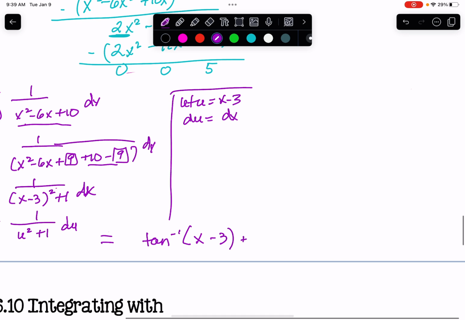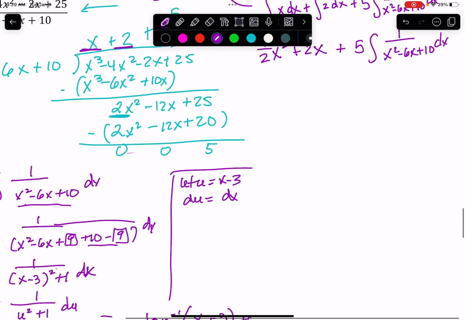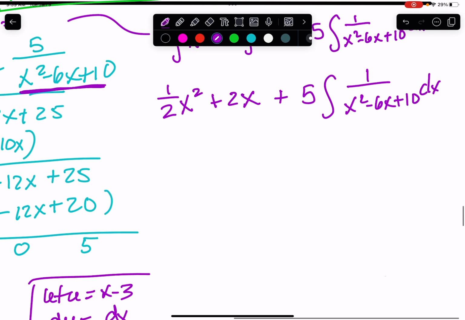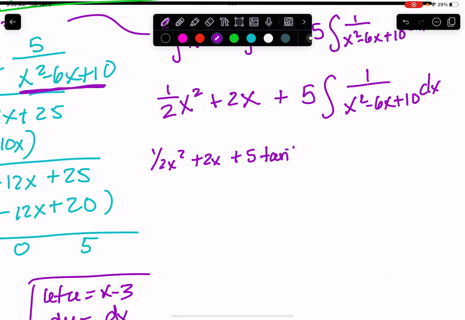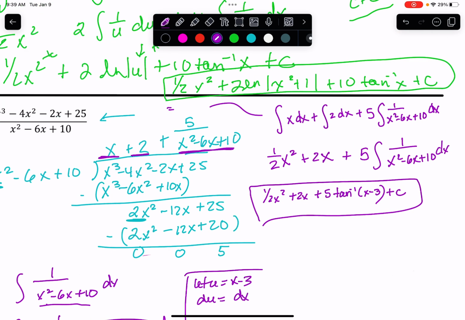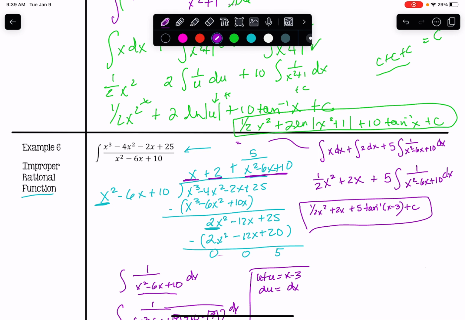And then we had a plus c for all of them. So let's go back up to where we were. We have 1/2 x squared plus 2x plus 5 times the inverse tan of x minus 3 plus c. So there we go. All right, again, that was long division and splitting it up into pieces and then doing a complete the square to get that third piece.